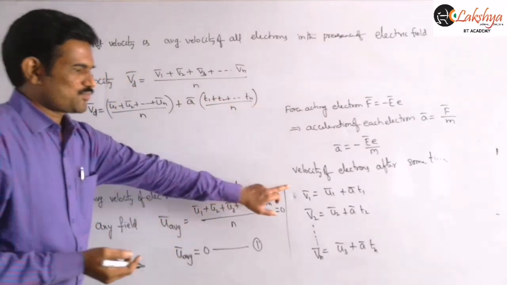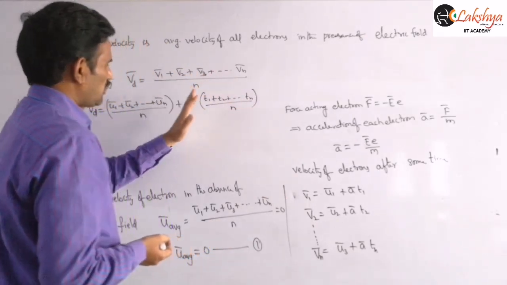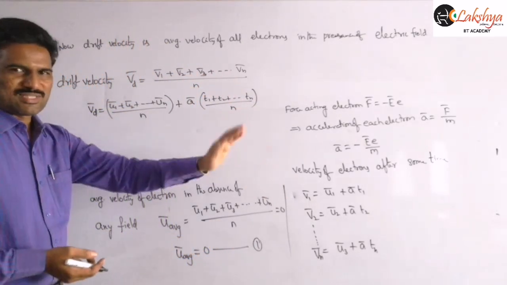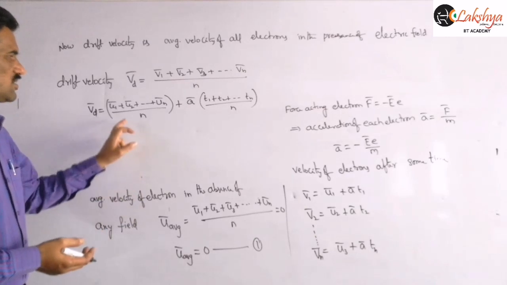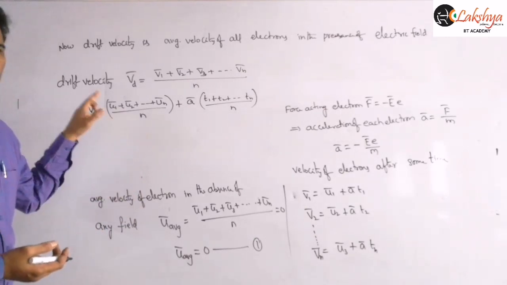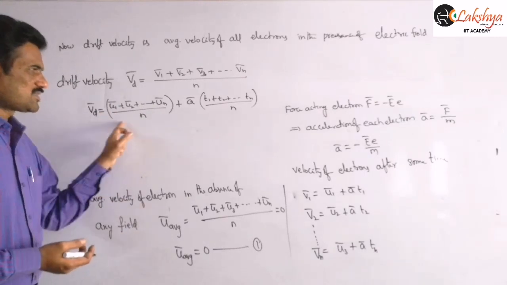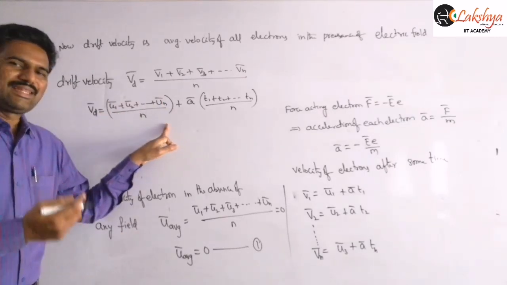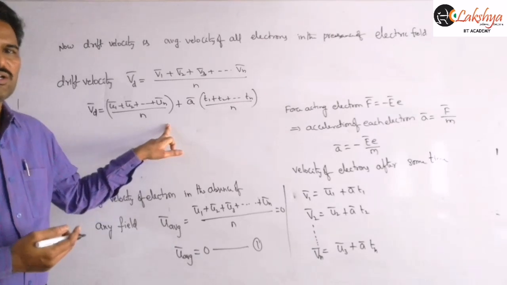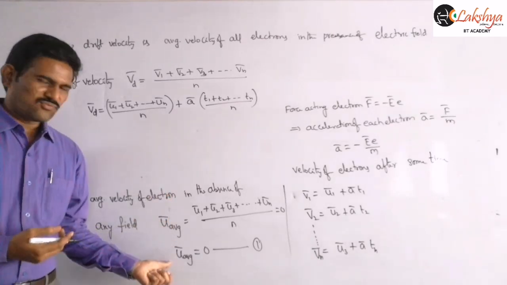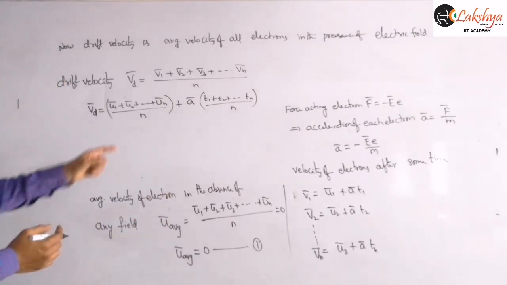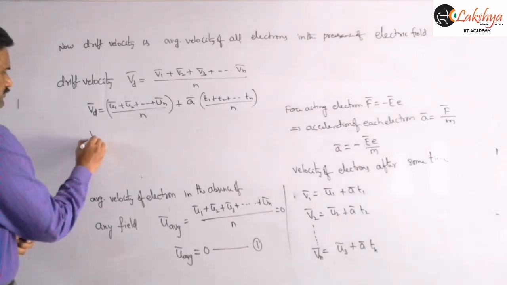So we are just substituting these values here, and all the first terms and the second terms we are separating, we are splitting that. So then the first term you will get this, and we already defined its value: this is the average velocity of electrons in the absence of any electric field. So in the absence of any electric field, its value is 0, right? And so then the first term will be 0.